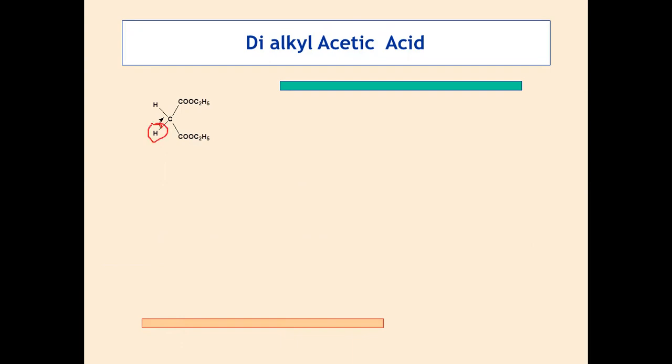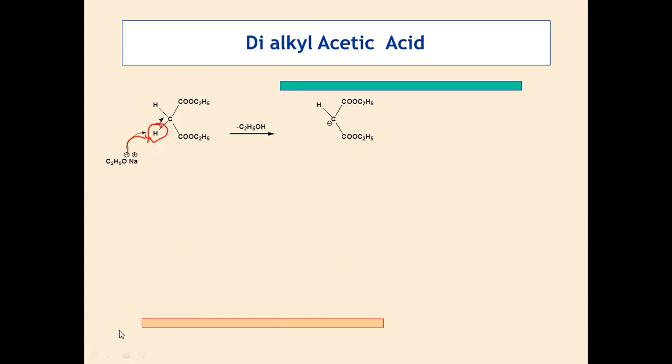Abstraction of this proton. So this proton is to be abstracted by a strong base. And as you know, we are using sodium alkoxide as a strong base, that is sodium ethoxide. So there is a formation of C2H5OH, that is there is a loss of ethanol.